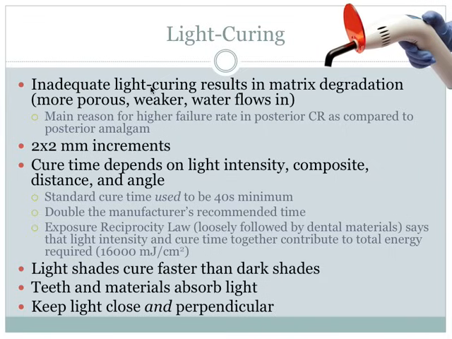That's because a lot of studies show that you get a higher failure rate in posterior composite resins as compared to posterior amalgams for this reason, because you get weaker structural features when you don't cure properly. So we already talked about using increments at a time.